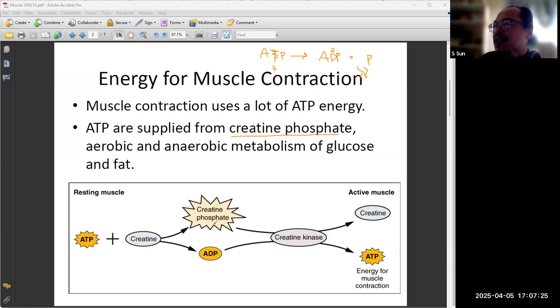Creatine phosphate is a creatine plus a phosphate. So you accumulate a lot of ADP, this phosphate can then add onto it to become ATP. It becomes triphosphate. And then muscle can have additional adenosine triphosphate to use. So this is how muscle uses energy.